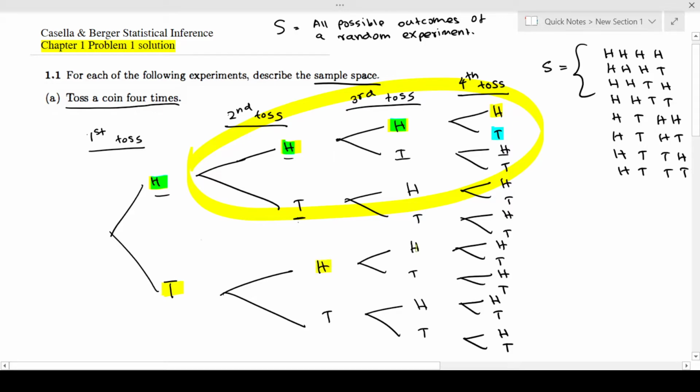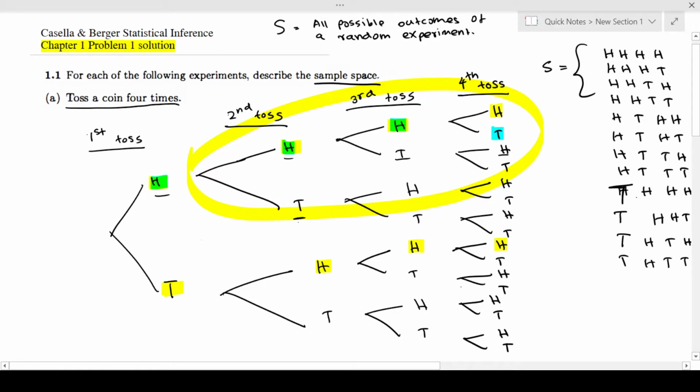Next, I'll start from here. It can be tail, head, head, head. So I'll start writing down the possible outcomes in that branch, starting with tail: tail, head, head, head. The next one, tail, head, head, tail; tail, head, tail, head; tail, head, tail, tail.